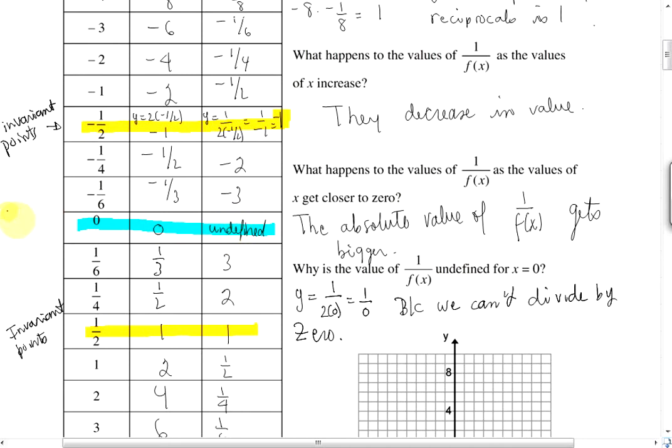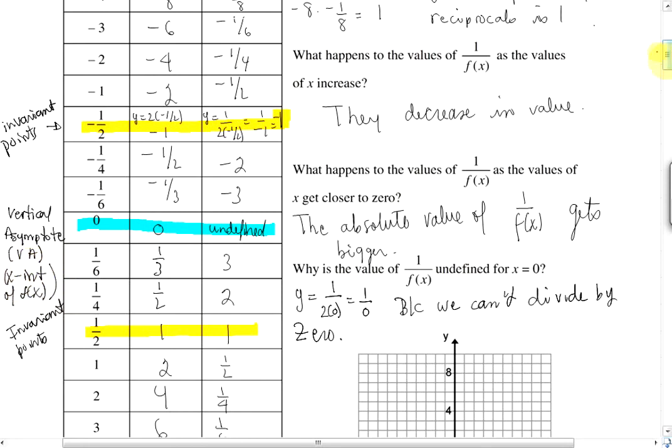What happens to the graph here is that we get what's called a vertical asymptote, and I'm going to abbreviate that as VA. It is always at the x-intercept of f of x. So it's an easy point to find.